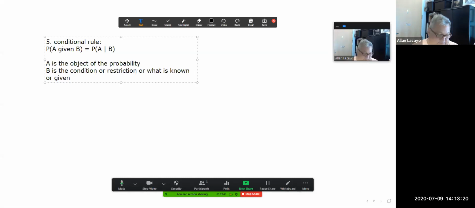context. For example, we can calculate the probability that someone may be detected as infected with COVID-19 in general. So that would be one kind of a probability that we could calculate. That would be under Rule 4, the marginal rule of probability.